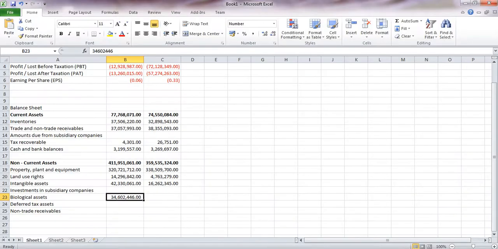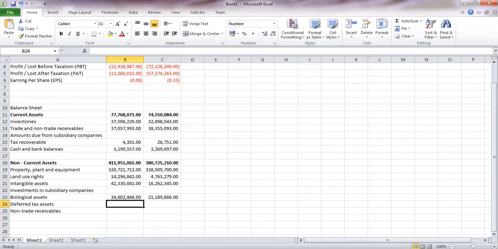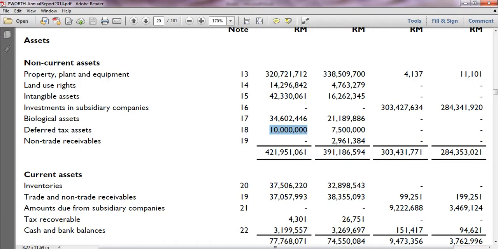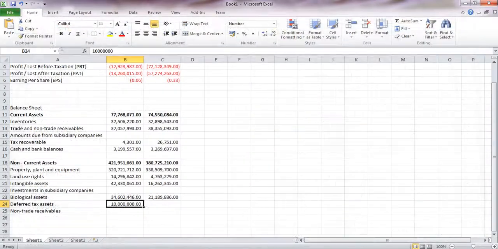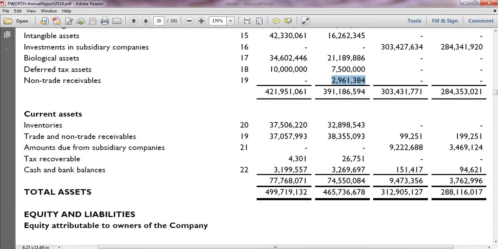Public listed companies work as a group. So non-trade receivable. No wonder. Okay.